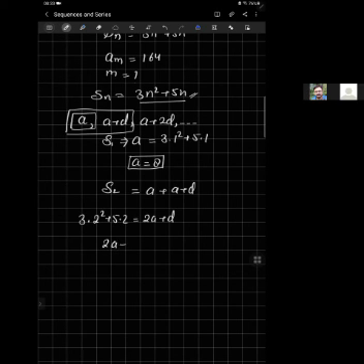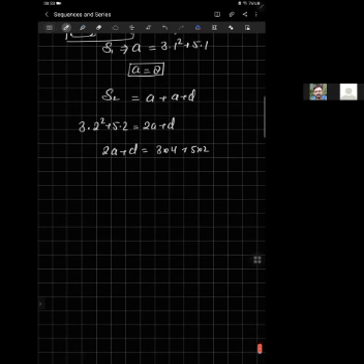So 2a plus d is equals to 3 into 4 plus 5 into 2. a is 8, 2 into 8 plus d equals to 22. d is 6. We have got the value of a and d both.